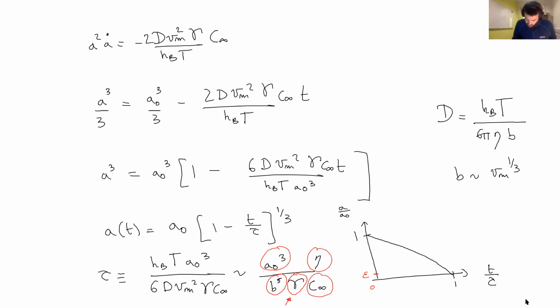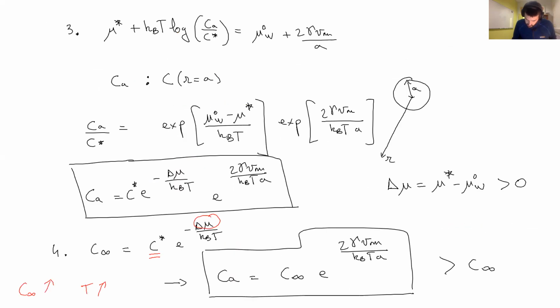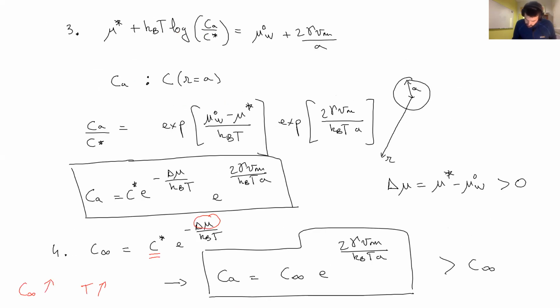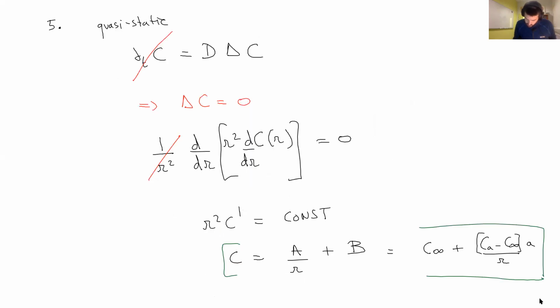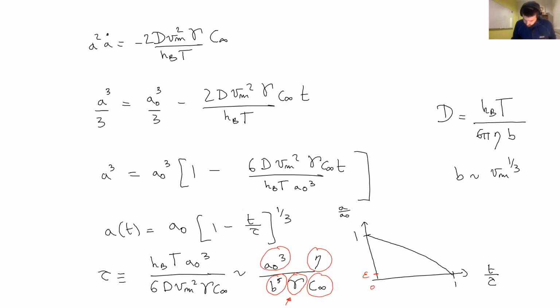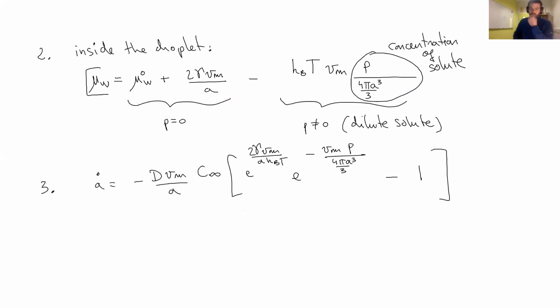Let me just check that I didn't forget anything here. Sorry, it's here. D Vm over A C infinity, yes. Do you agree?